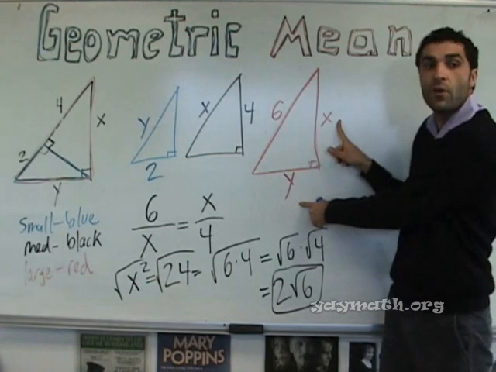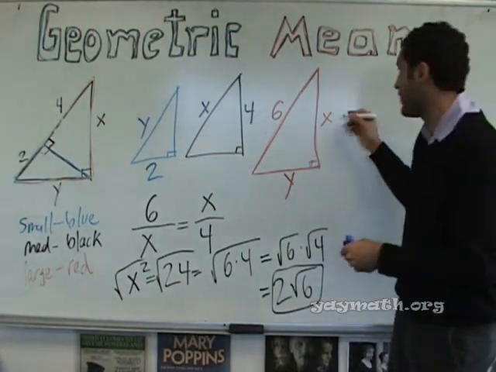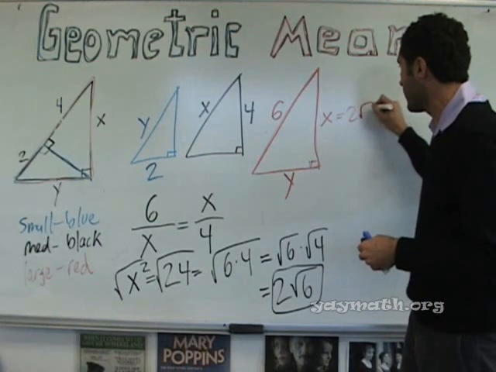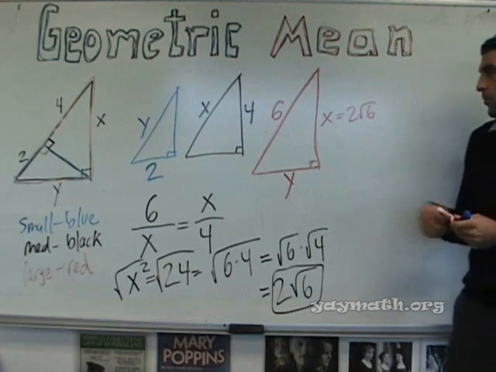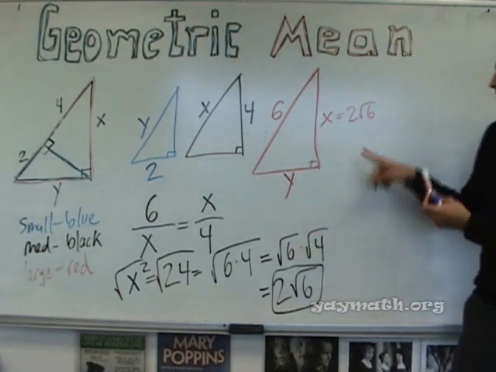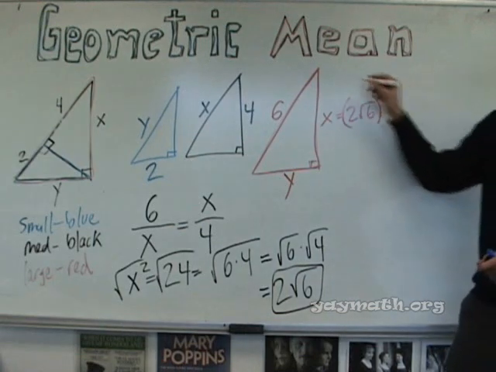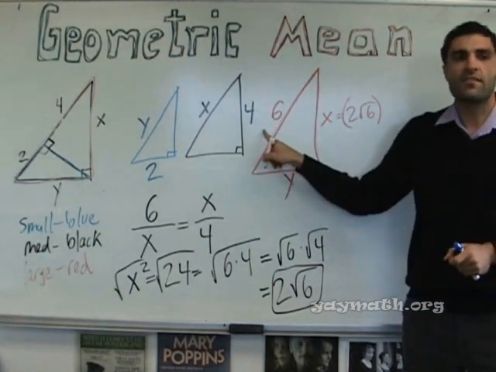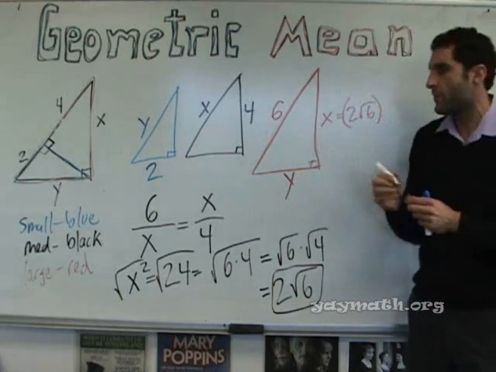Yeah. Using what theorem? Pythagorean theorem, that's right. a squared plus b squared equals c squared. So I could do y squared plus 2 root 6 squared equals 6 squared, which is 36, okay? But for now, let's do geometric means.